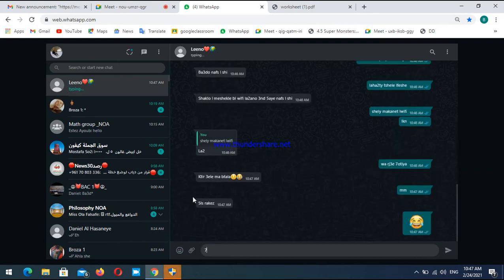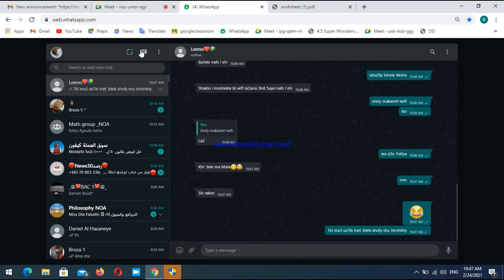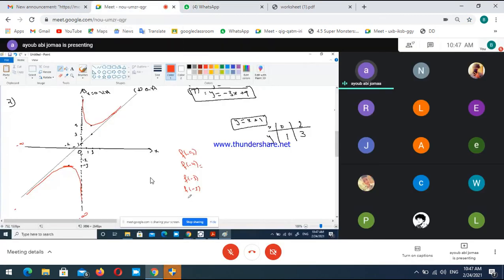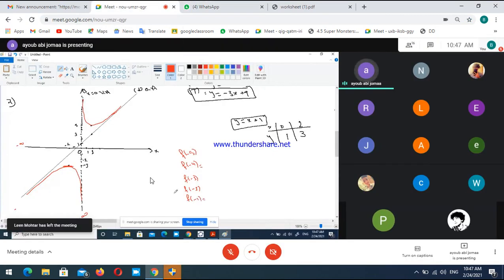You consider some values of x, let's say negative ones: f of negative 5, f of negative 4, f of negative 3, f of negative 2, and f of negative 1. Of course you can't take f of 0 because 0 is not in the domain.